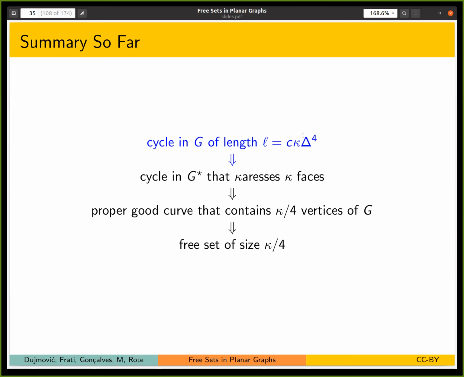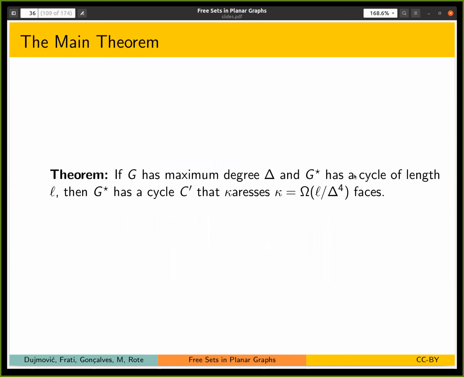Okay. So unfortunately, the degree comes into it. So this is the theorem. If G has maximum degree delta and G star has a cycle of length L, then G star has a cycle, different cycle possibly, that caresses this many faces, L over delta to the 4 faces.